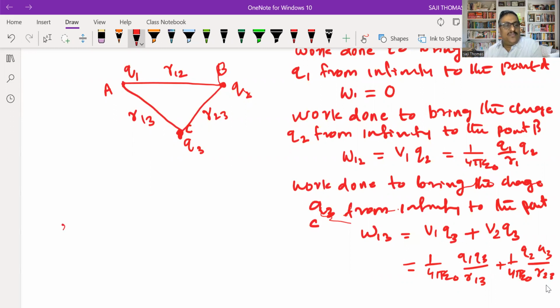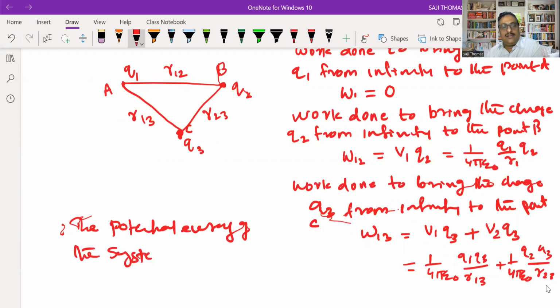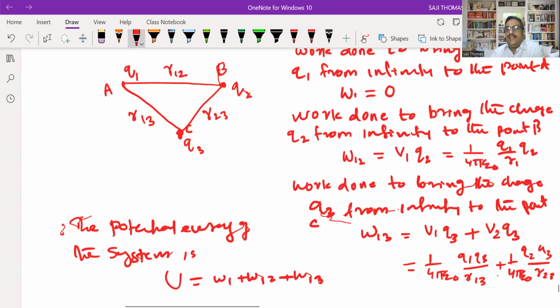Okay. So the potential energy of the system is U. Add all this work, W1 plus W12 plus W13. Okay. When you are adding, you can take the term 1 by 4 pi epsilon 0 common.